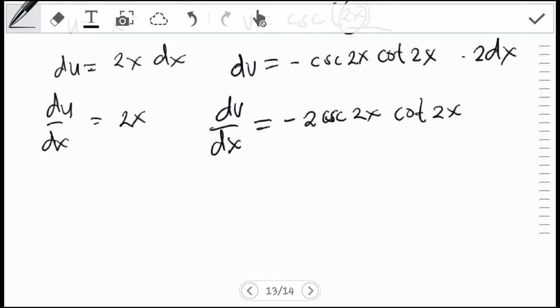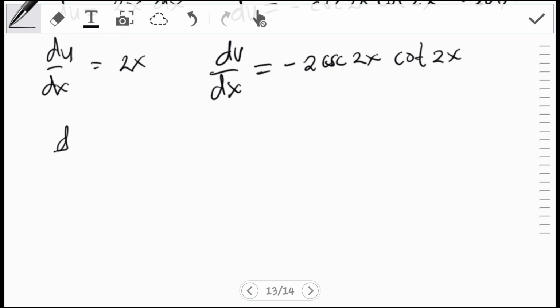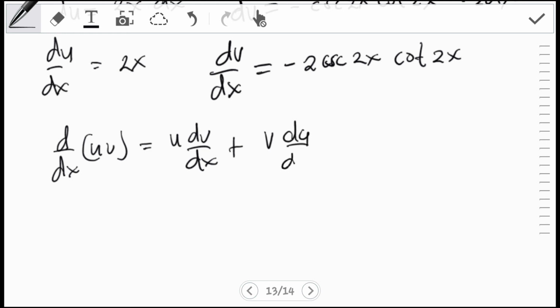Okay. So again, applying this formula, d over dx of uv is equals to u dv over dx plus v du over dx. Okay.